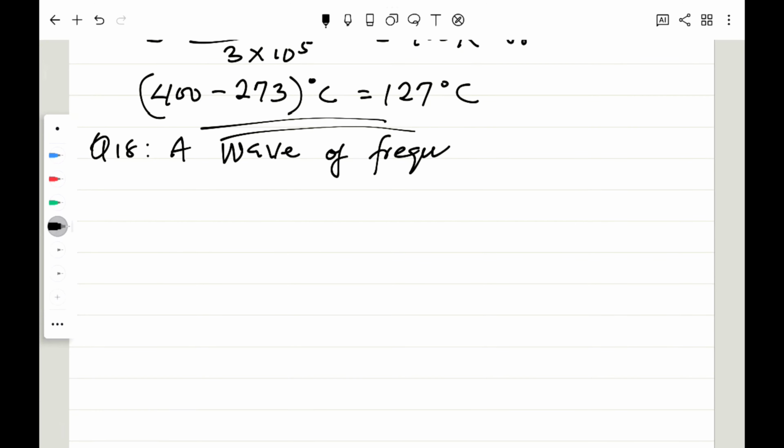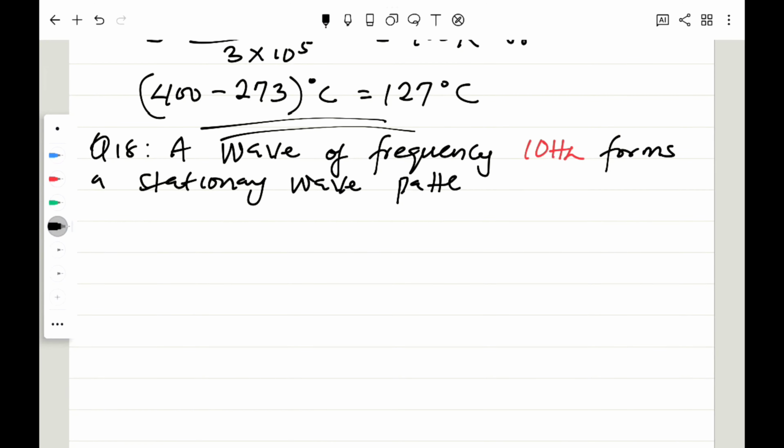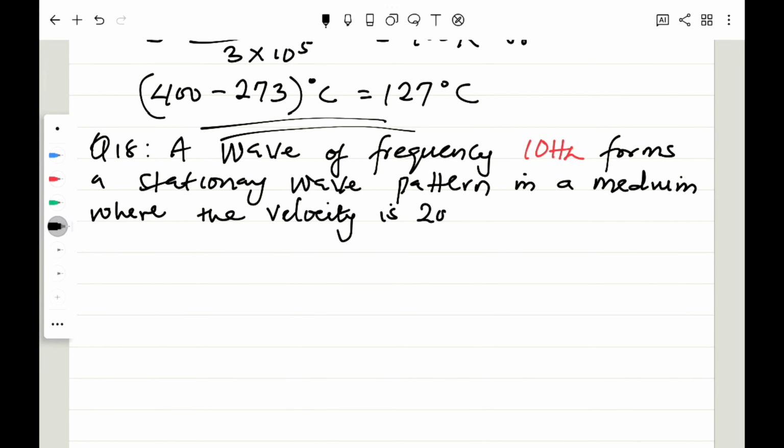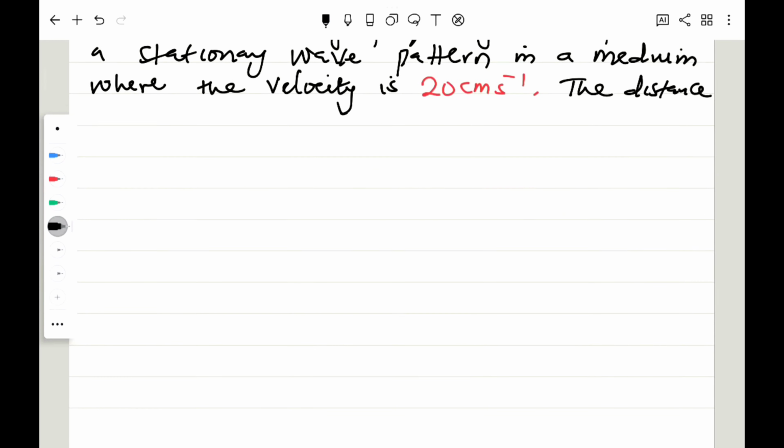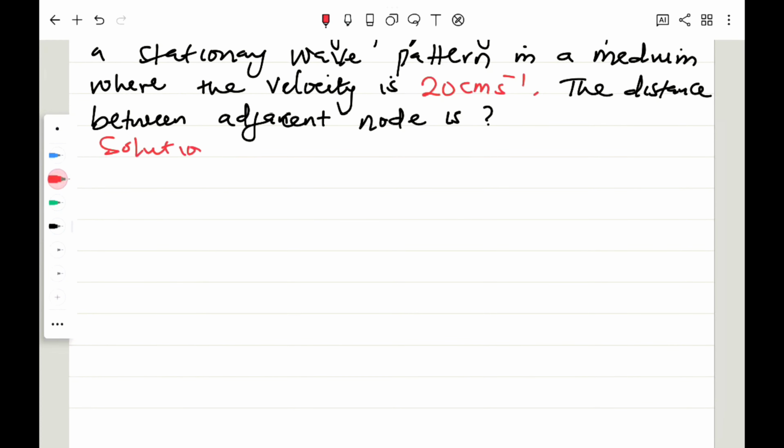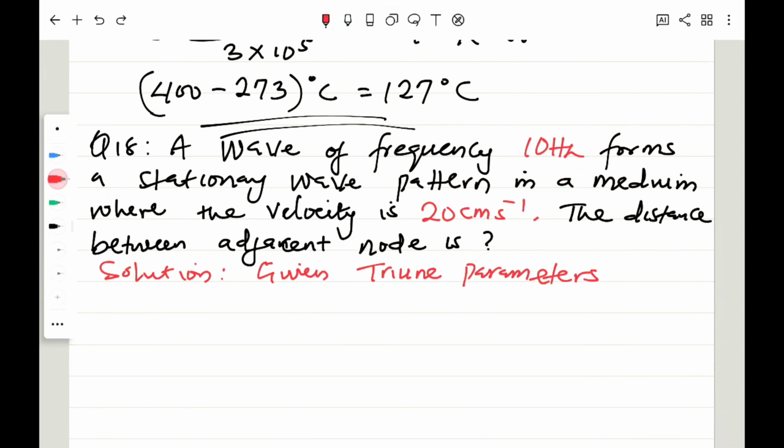Next question. A wave of frequency 10 Hz forms a stationary wave pattern in a medium where the velocity is 20 centimeters per second. The distance between adjacent nodes is? From this wave equation, the given parameters: the frequency is 10 Hz, followed by the velocity, 20 centimeters per second.